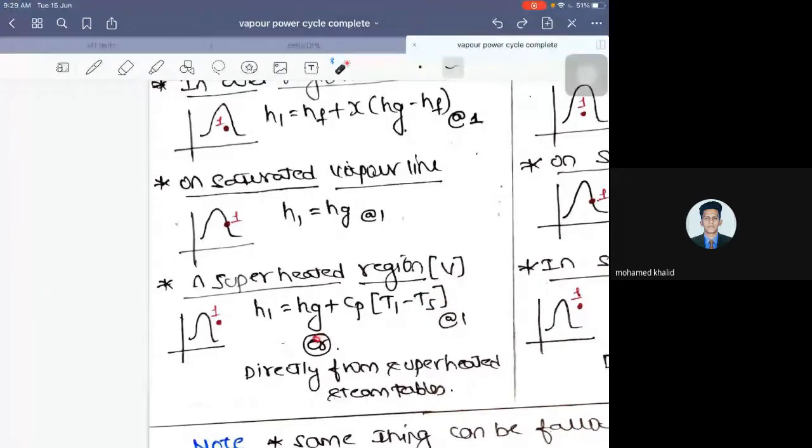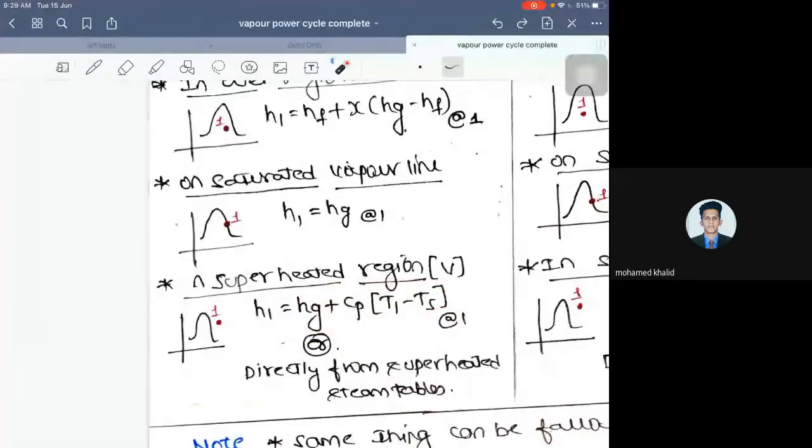Or you can directly take the value from the superheated steam tables, which I have taught you in PTD, based on the particular value of pressure at which this line is. Based on that we can directly take the enthalpy value from the superheated steam tables, or you can use this formula to calculate your enthalpy.